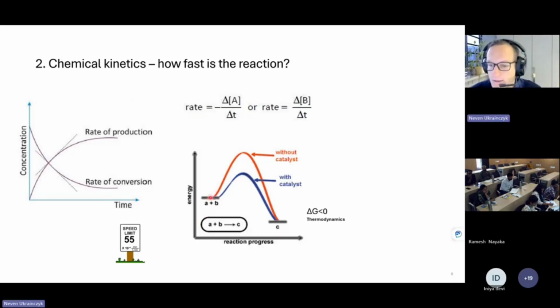And if we now have the reaction A plus B gives C, we know by thermodynamics only the initial and the final point. This reaction will be spontaneous if this change in energy, which is the Gibbs energy, is lower. If the products are higher, that means delta G is bigger than 0.